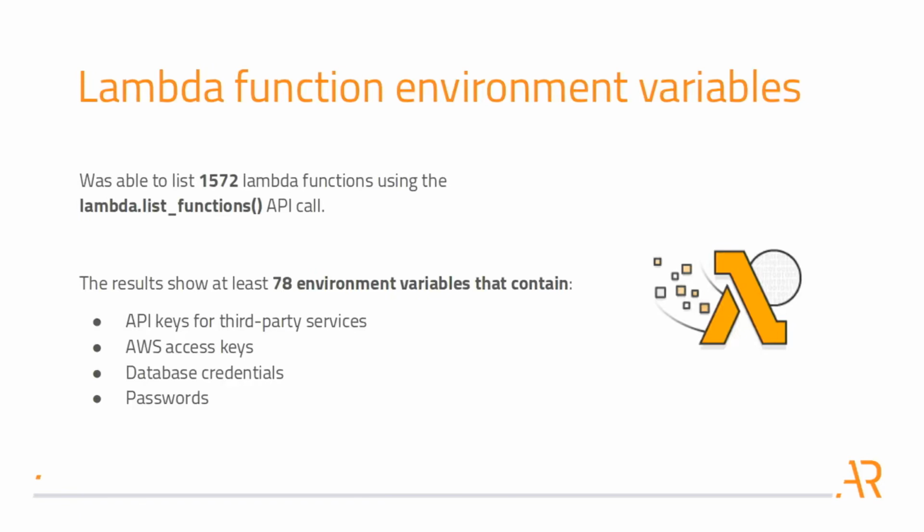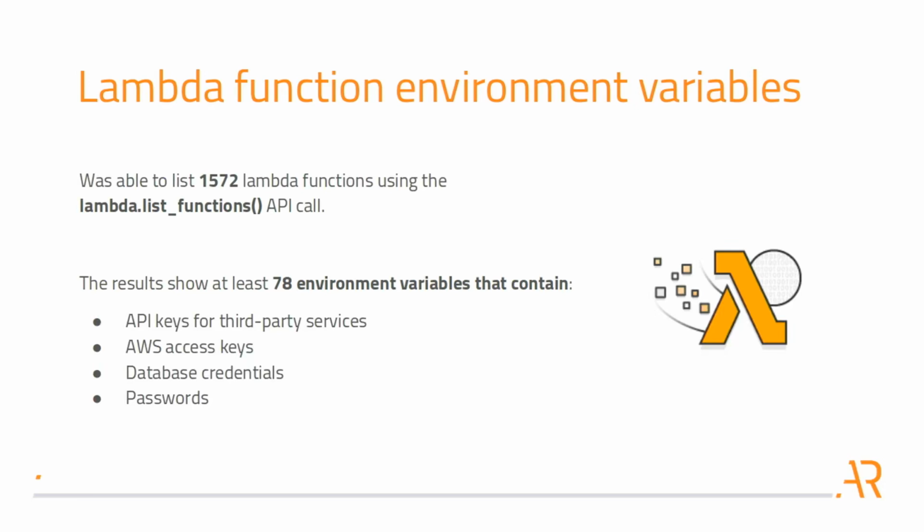Something interesting is that when you list Lambda functions, you don't only get the function name, you also get the metadata associated with that function. Included in that metadata, you find the environment variables which are used to run that function.